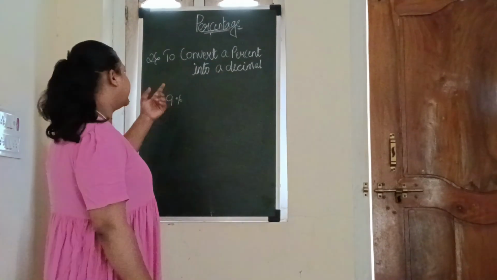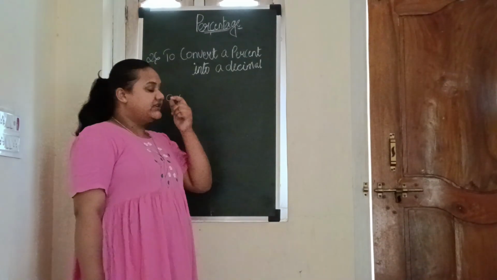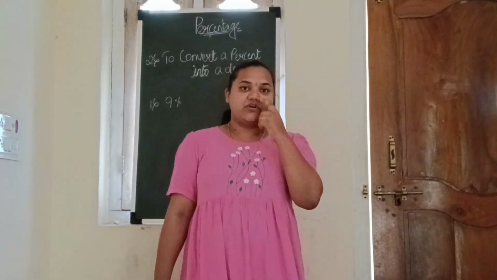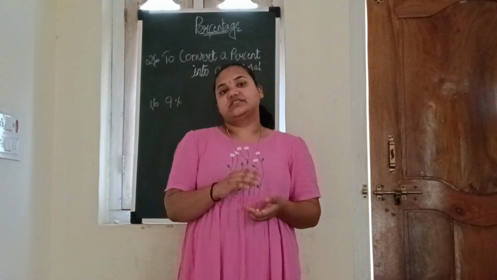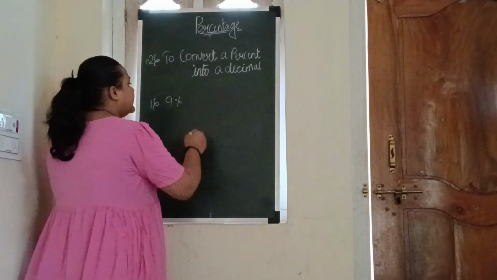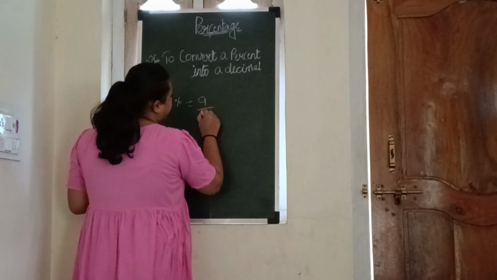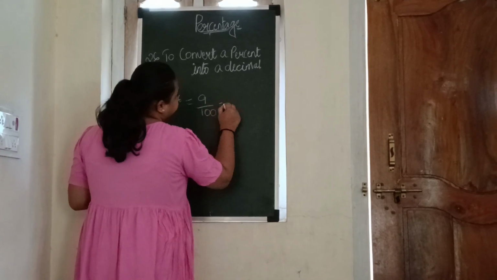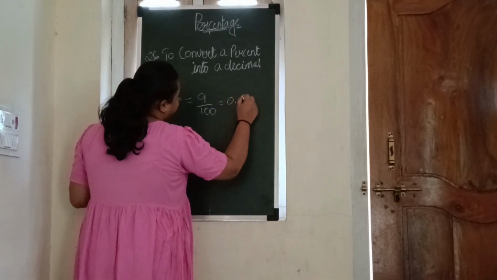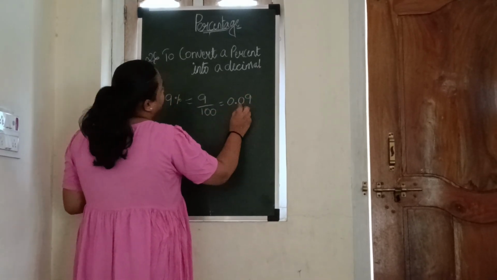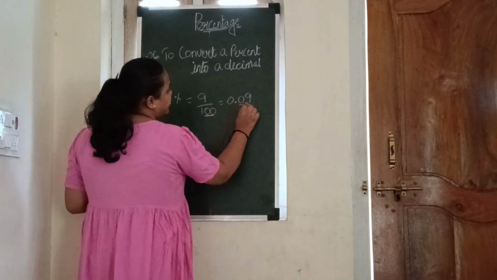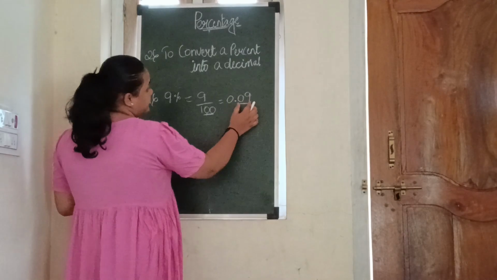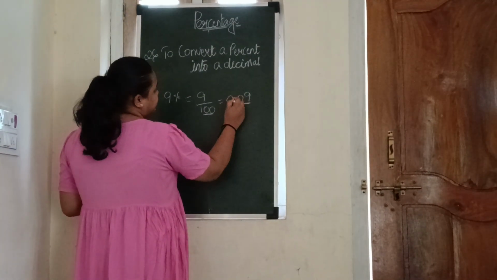The next conversion is percentage into decimal form. In decimal form, we will be shifting from the left side of the number. So how? 9 by 100 is 0.09. Why only 2 digits, that is 2 zeros? After 2 digits, we are shifting the decimal point.